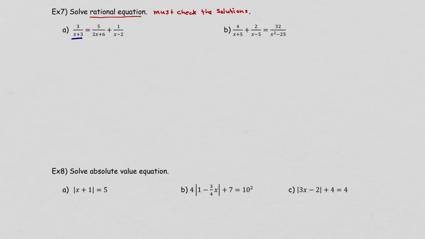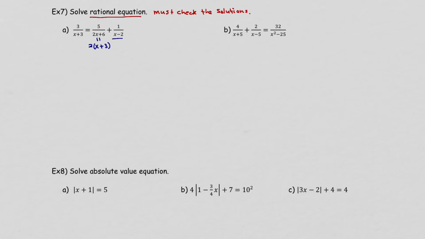This is already simplest form. But this one right here, you can factor 2 out, and then you will have x plus 3 remaining. And this one is already simplest form. You cannot factor any further.